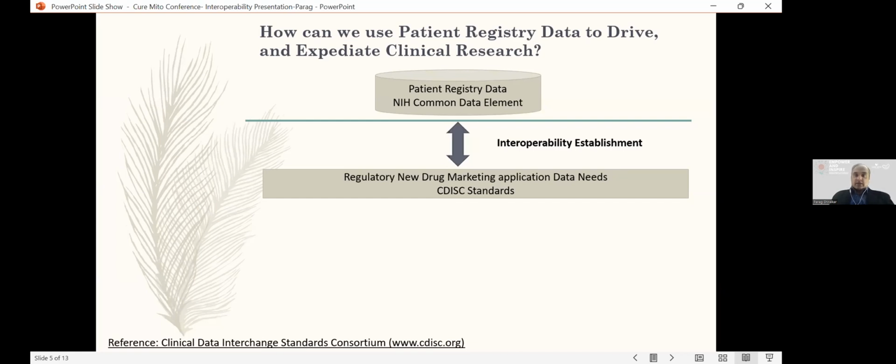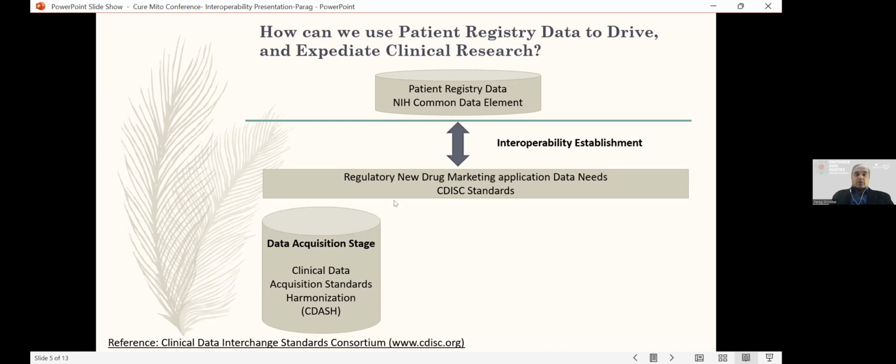Creating that bridge is exactly what establishing interoperability is. So we create a mechanism to make sure that this data in NIH common data elements gets converted into CDISC-based data, so that it is ready for submission and analysis purposes for the new drug application.